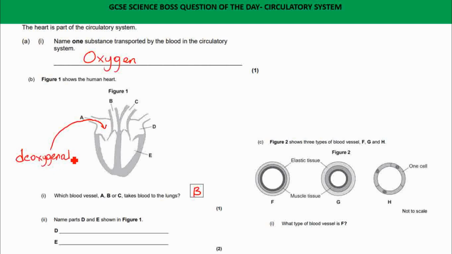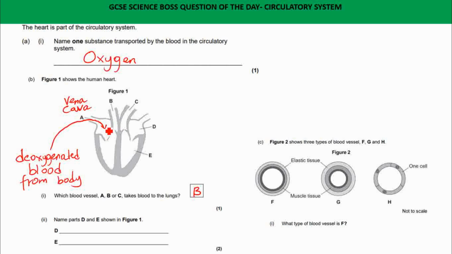So you have deoxygenated blood coming from the body. That's going to travel here. So blood vessel A has to be your vena cava. That's the main vein, which returns blood to the heart.